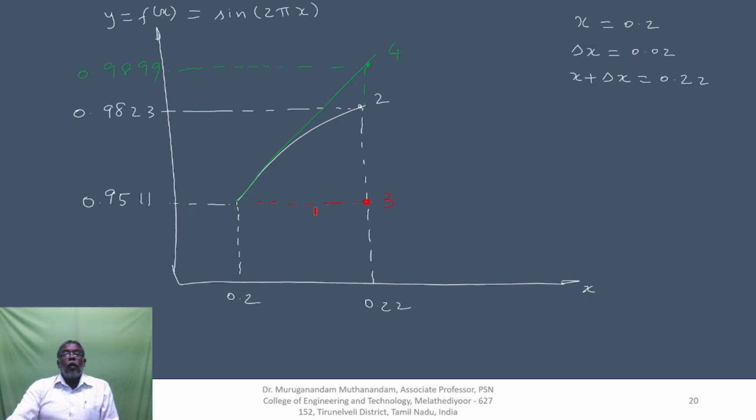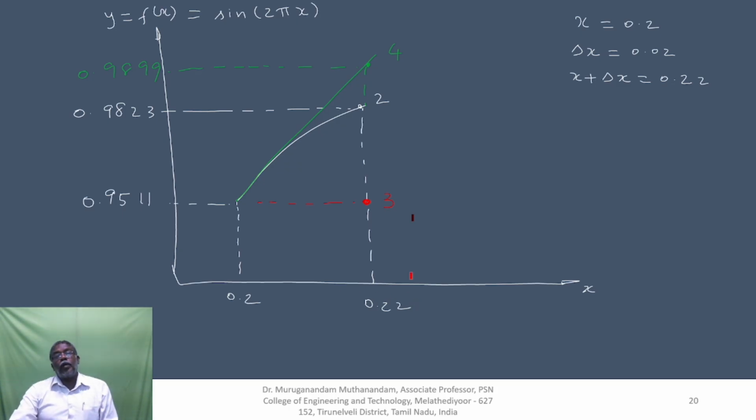So what is f of x plus delta x? F of 0.2 plus 0.02, that is also equal to f of x, so we obtain 0.9511. This is nothing but the approximate value of the function f of x when you use only the first term in the Taylor series to find the value of the function at 0.22.